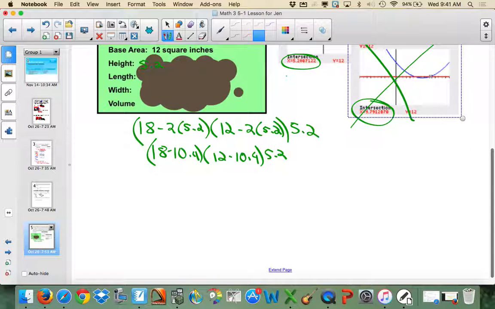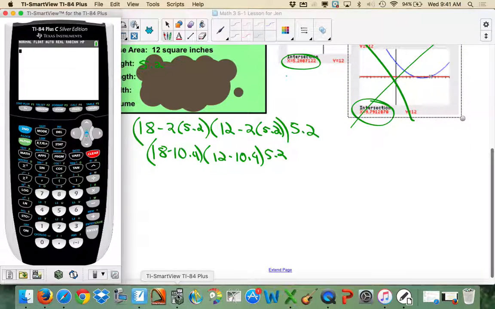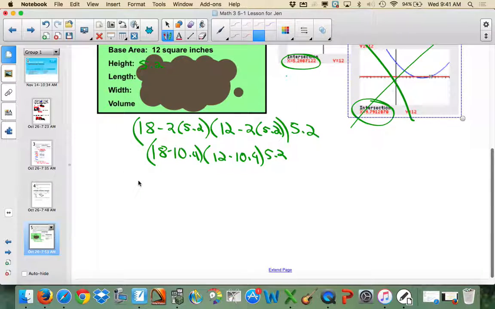All right. 18 minus 10.4 is 7.6. 12 minus my 10.4 is 1.6. So 7.6 times 1.6 times 5.2 is going to give me a volume of 63.232.